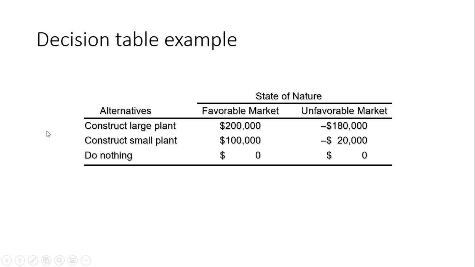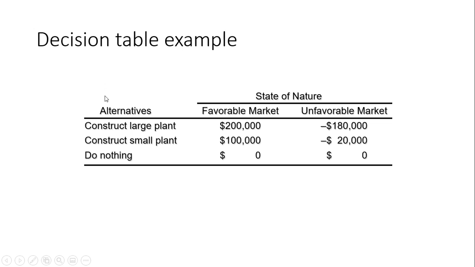Here we'll find that we have what's called a decision table example. It's very important, but we must learn some concepts. Number one, construct large plant, construct small plant, or do nothing.